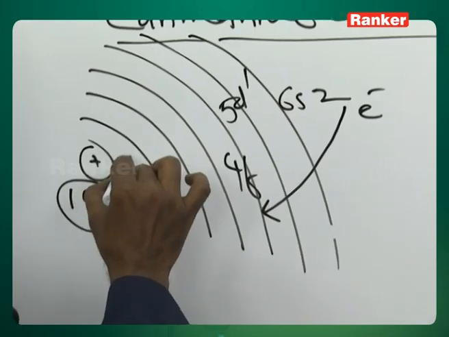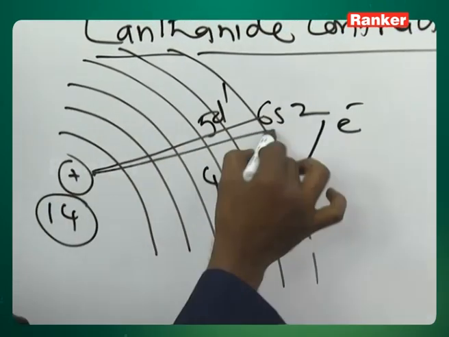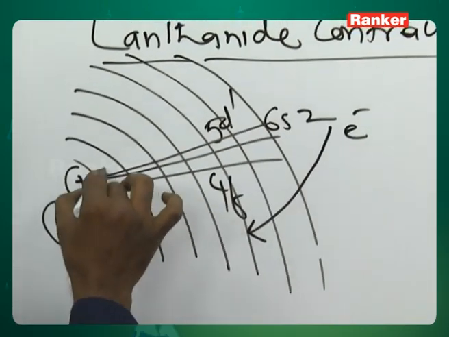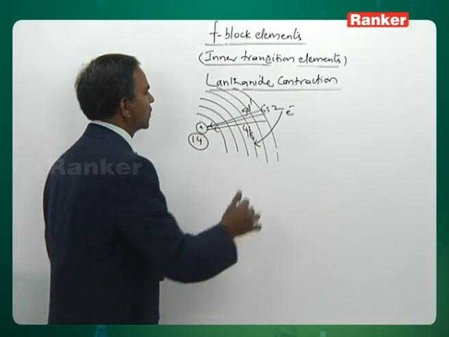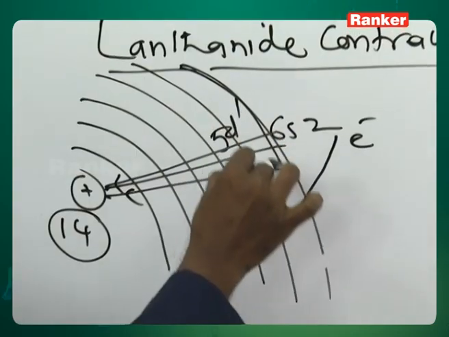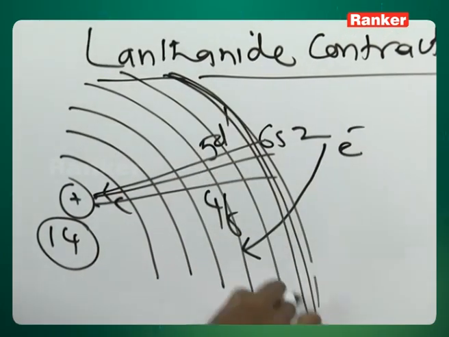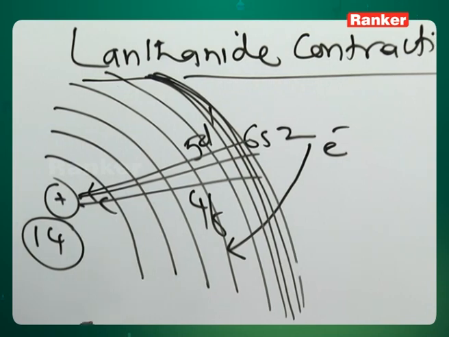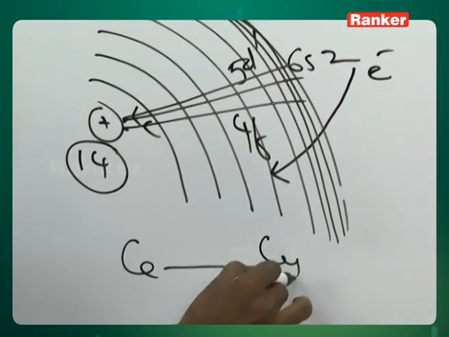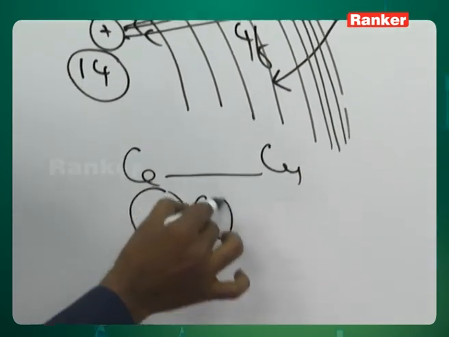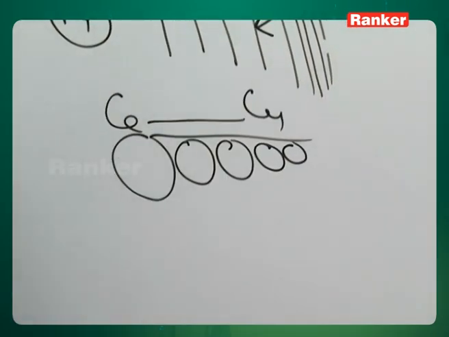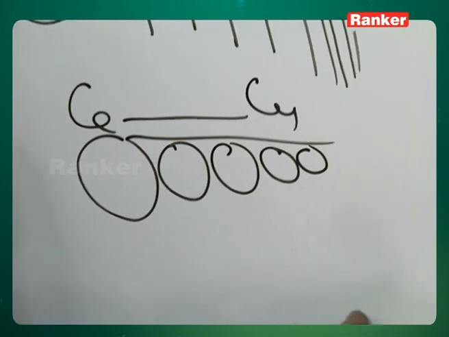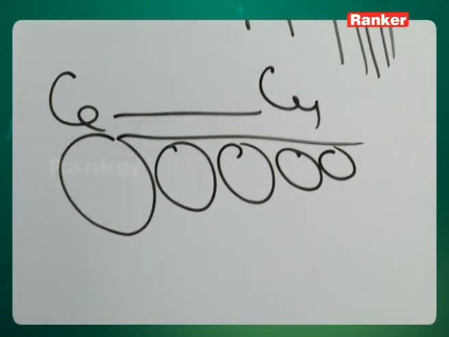Therefore, nuclear charge acts directly on the outermost orbital electron. By this, atoms are gradually contracting. From cerium to lutetium, atoms show a gradual contraction in their sizes. This atomic size decrease is what we call lanthanide contraction.